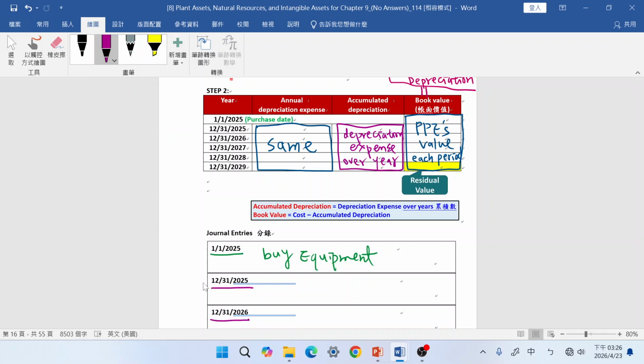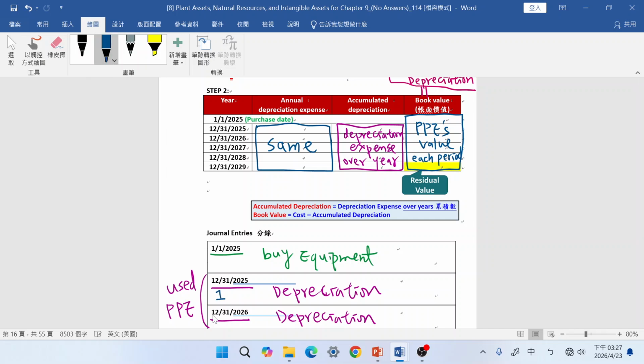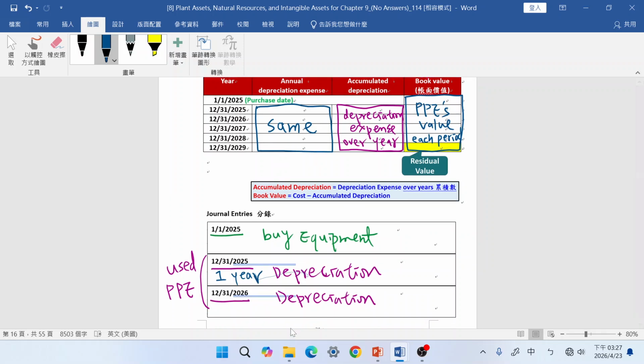We use our PPE, right? So when you use your PPE, you should do depreciation to tell them your PPE's value decreased, right? So we have to do depreciation. And don't forget, for the journal entry, we just record only 1 year. Only 1 year. Okay?